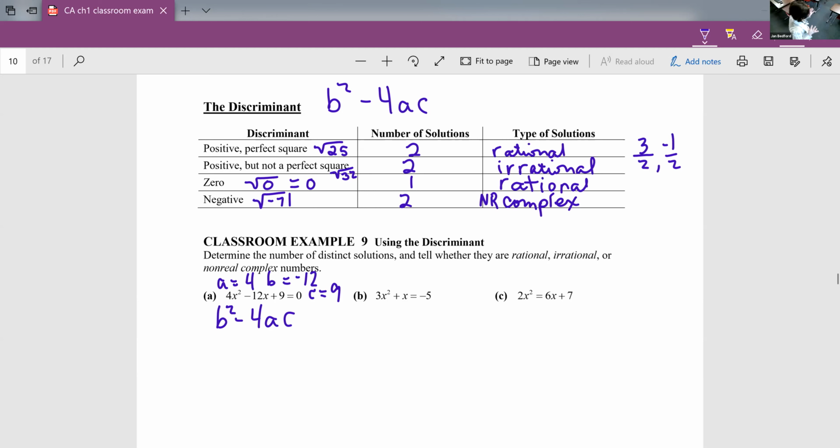Yes, I do. And it was already equal to 0, so we're good. So if I put parentheses for each of these variables, and then inside I plug in the values, what goes in for B? Negative 12. My A is 4. My C is 9. Okay. You guys clean that up. You're going to tell me what value this is.